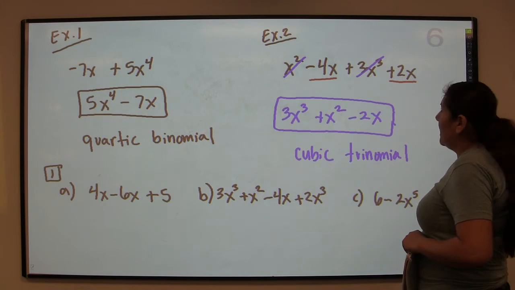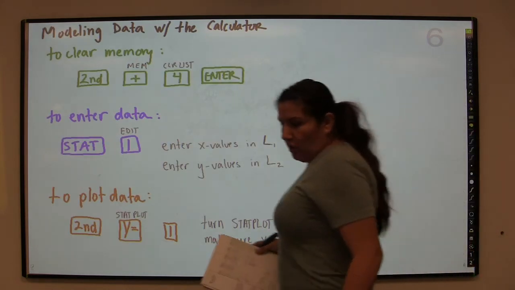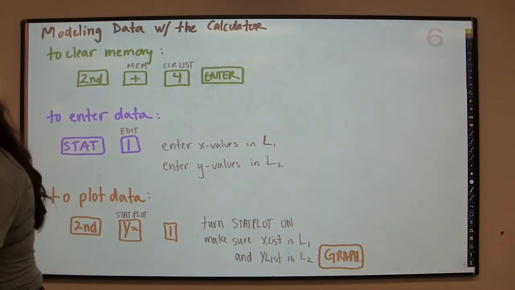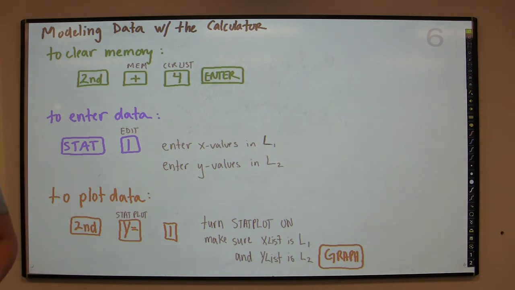Okay, so now we are going to go on to the second part of the lesson, which is a lot of calculator based stuff. So first I'm going to give you some time to write this stuff down. These are all the steps that you're going to need in order to use the calculator to model data.